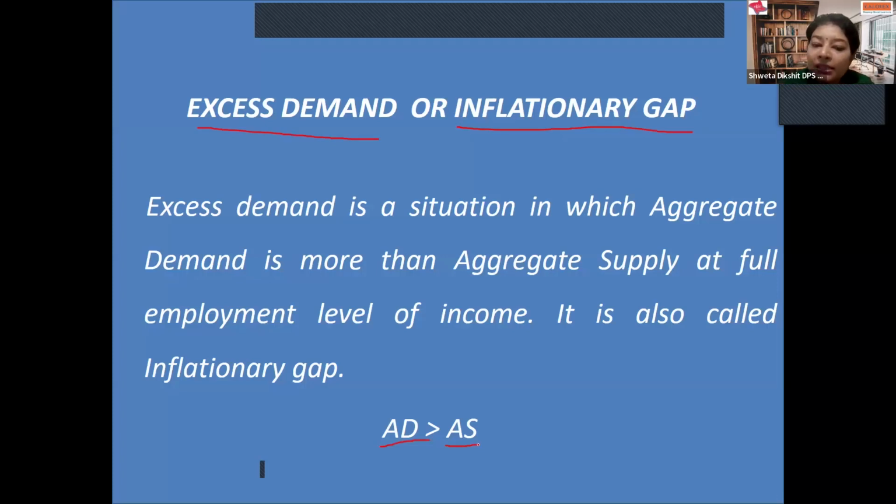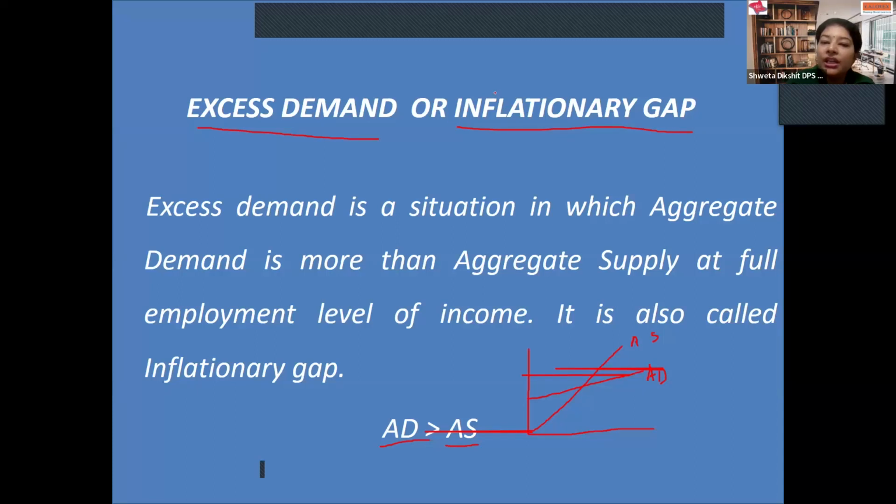So when you are asked about the excess demand situation, you need to explain excess demand, that is AD is greater than AS, and you need to draw this particular diagram, where you show this is AS, this is AD. And here, where AD is greater than AS, is the excess demand situation. So you just need to draw this particular diagram for excess demand.